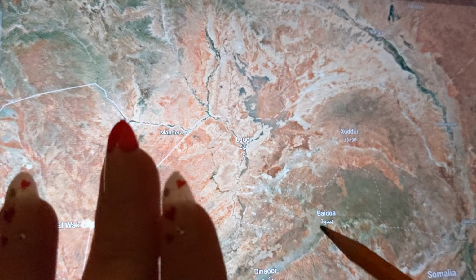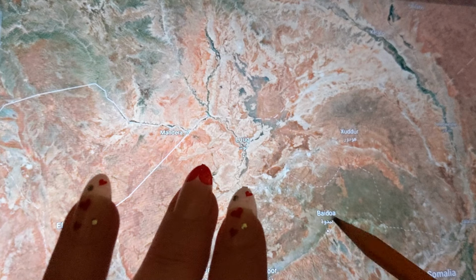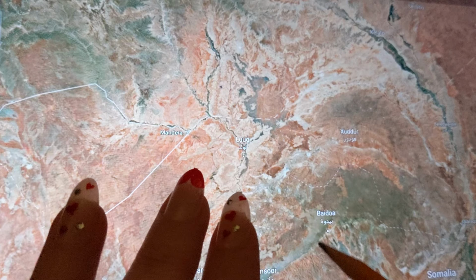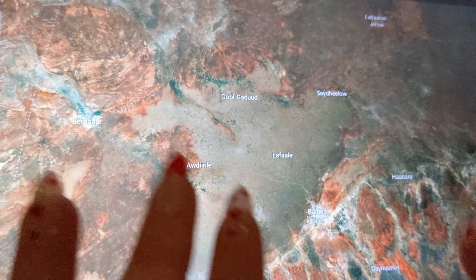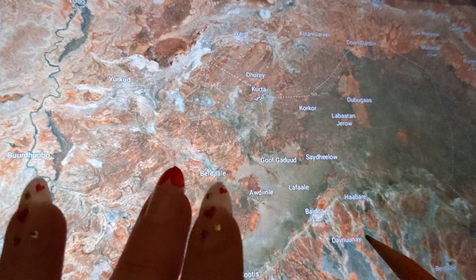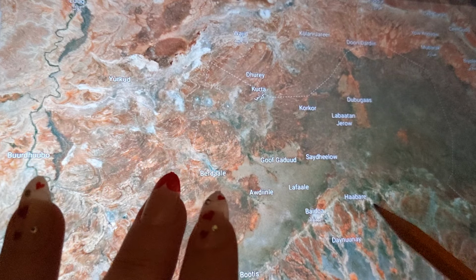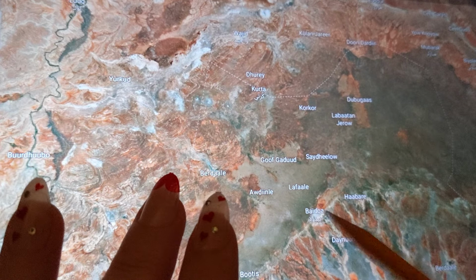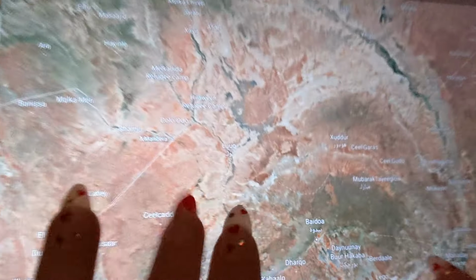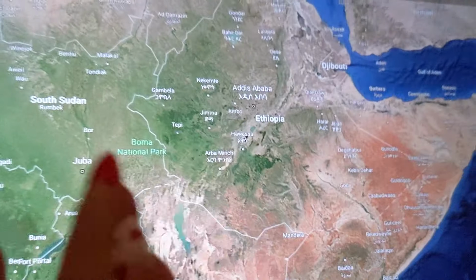the nickname of the town here was the City of Death. The famine was so destructive to the population here, not to mention, of course, the fighting, which would really pick up here in the 2000s. In 2006, the Battle of Baidoa was fought against two powers. One was Ethiopia.